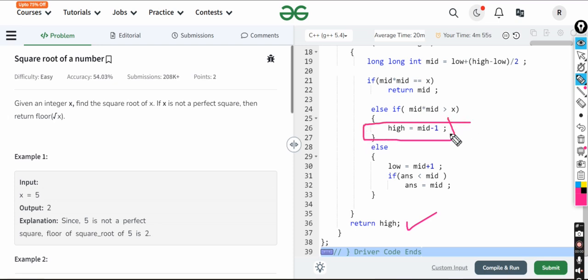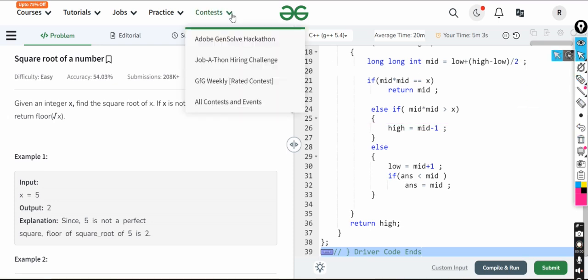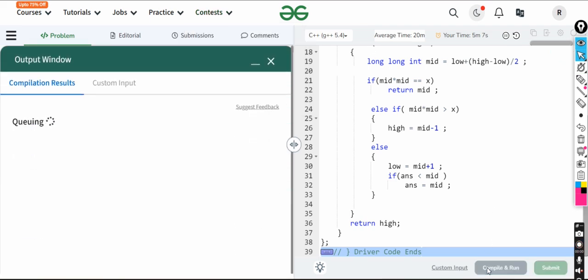Many questions have the answer in low, but here it is in high. You can try this question, because it is very easy and has only log n time complexity, which is very good, because log n is the best.